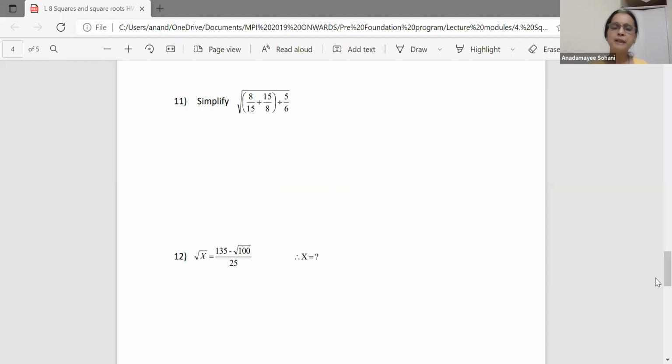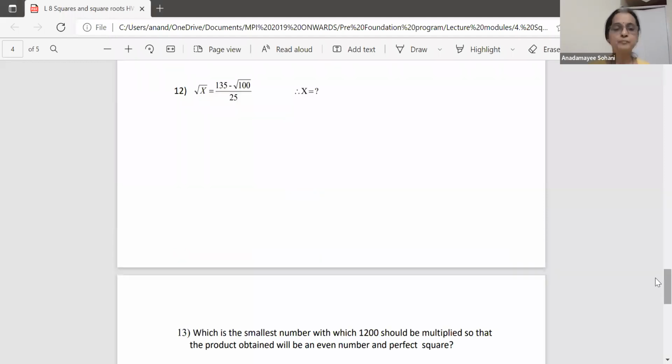Then the next question. Root of x is 135 minus root of 100 upon 25. Okay. So this is 135. I know root of 100 is 10 upon 25.